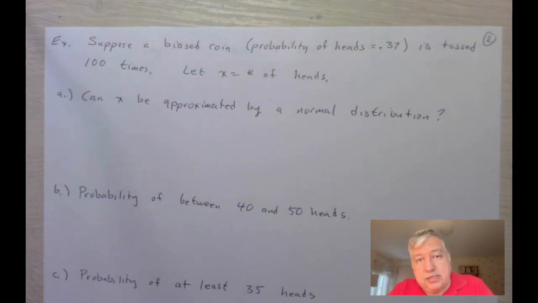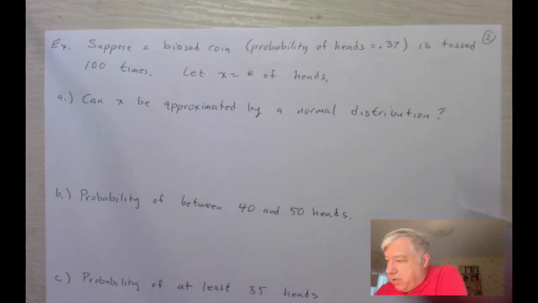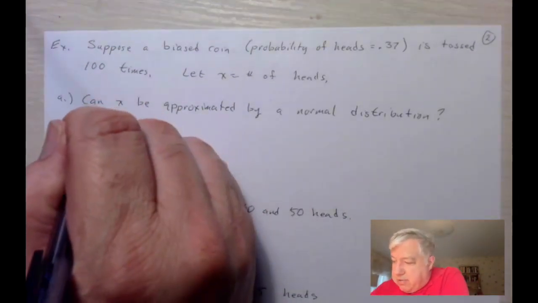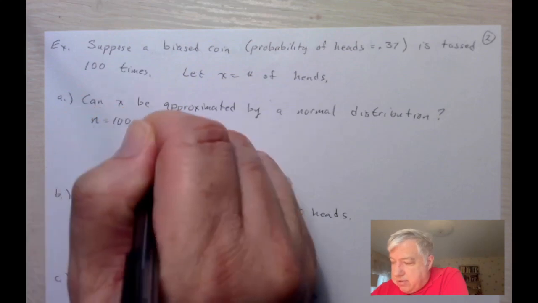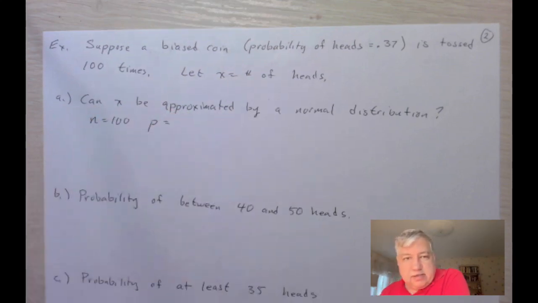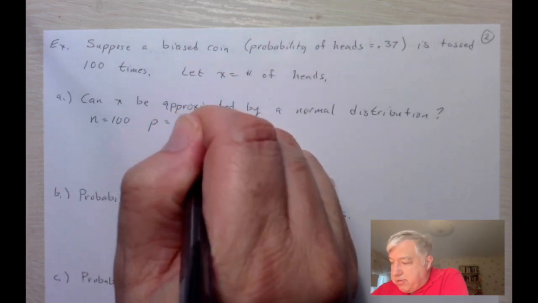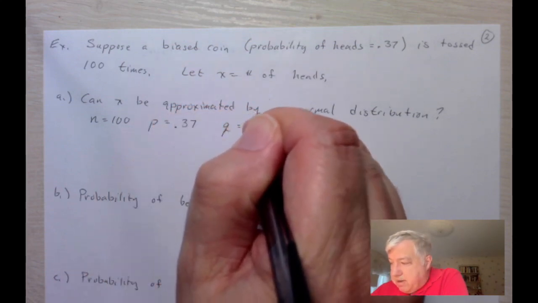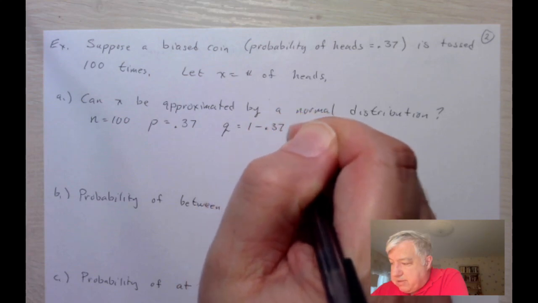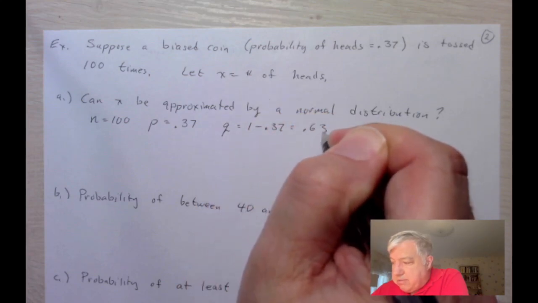And we let x equal the number of heads. First question you want to ask yourself is, can this be approximated by a normal distribution? Well, let's identify what n, p, and q are. N is 100. If we define a success to be a head, the probability of success is 0.37, and q would be 1 minus 0.37, which is 0.63.